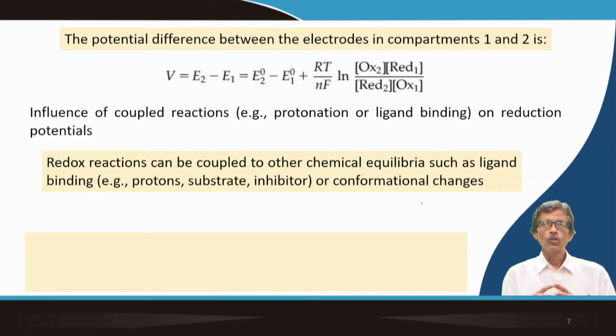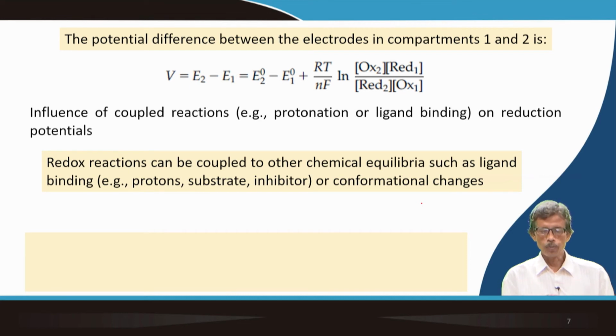So, if you have some preference for the corresponding isomeric form, whether it is present in the meridional form or the facial form, we can have different E0 values.